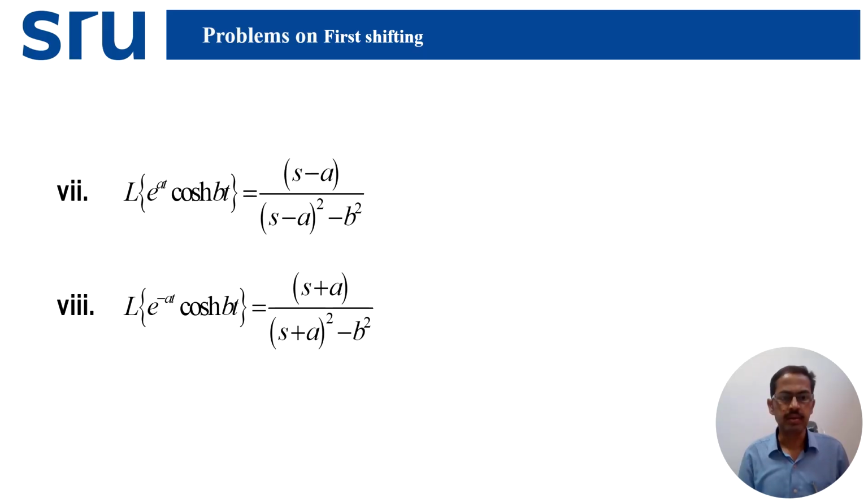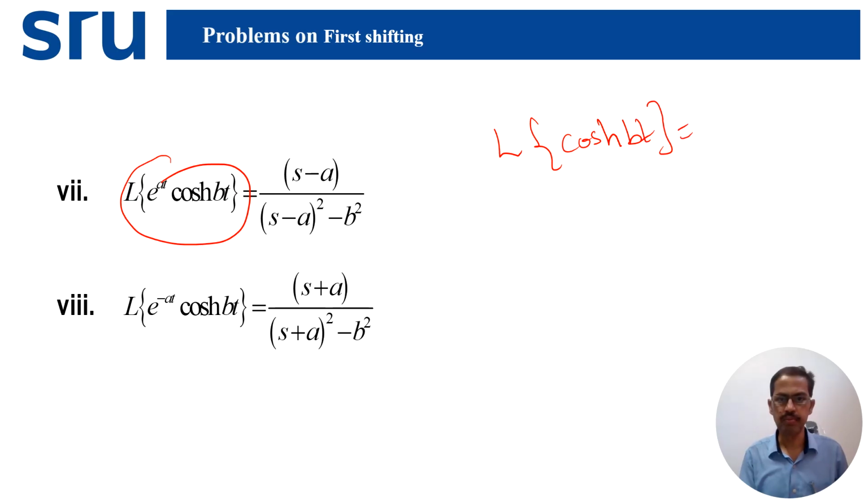Next, the Laplace transform of e power at cos hbt. What is the Laplace transform of cos hbt? The Laplace transform of cos hbt is equal to s by s square minus b square.